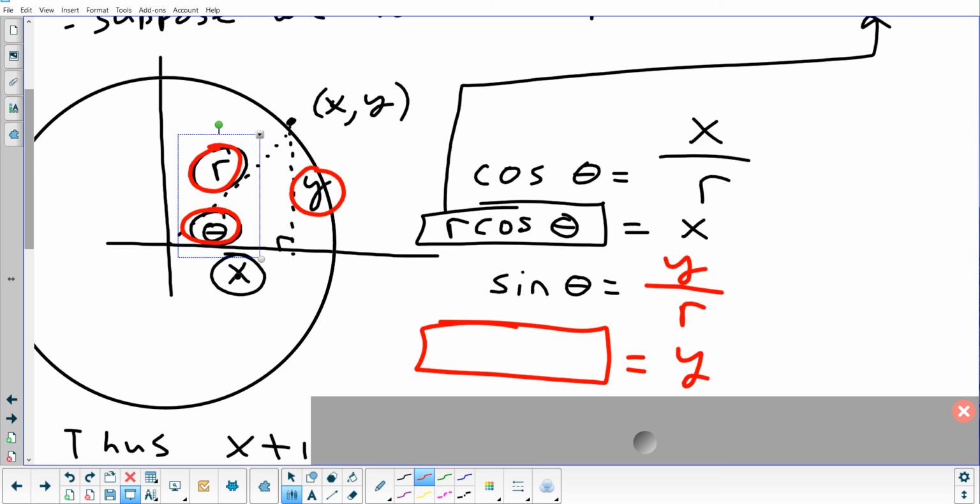So what's y going to equal? That'll be part of it.